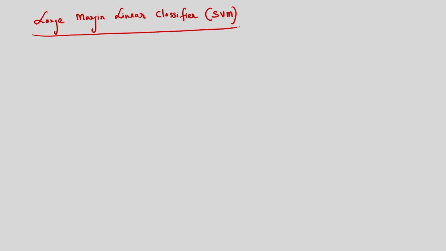So in my last class, I discussed this. We have determined the width of the margin like this, that is M is equal to 2 divided by the norm of W.